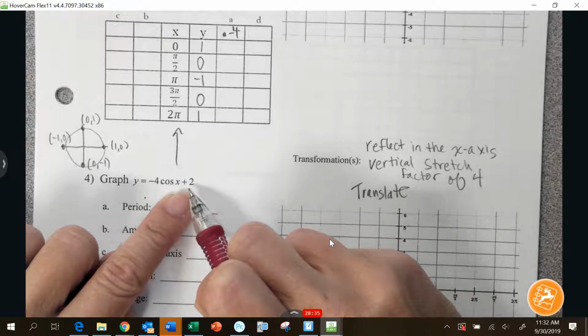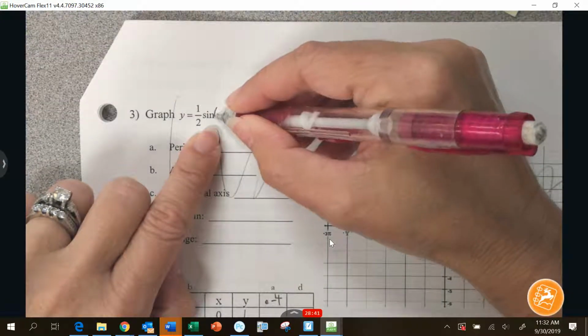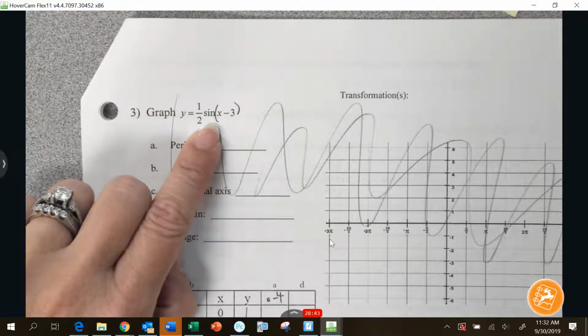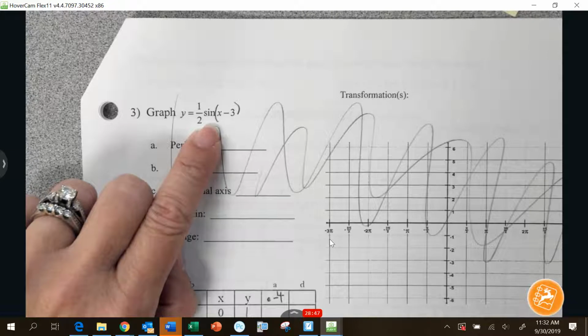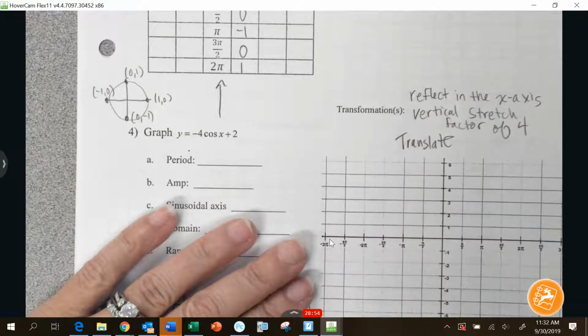I will show you what it would look like here, with this one since we're not doing this one. If it were a horizontal translation, it would have to have parentheses. It won't be horizontal unless it has parentheses, okay? So when you look at this and there's no parentheses, you know it is vertical.